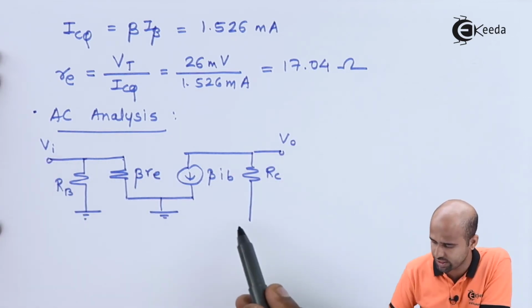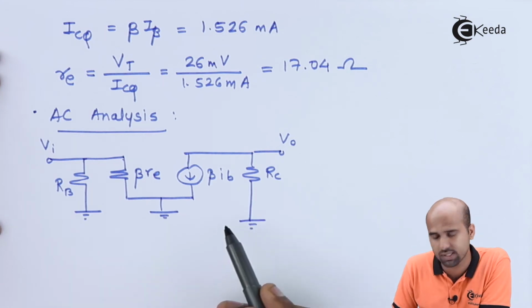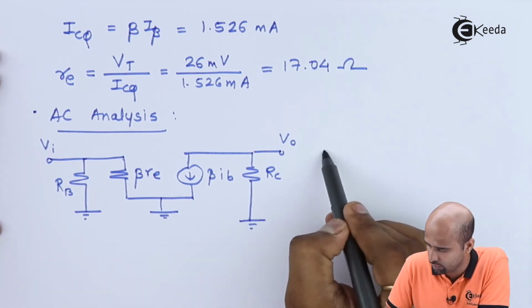Vi and Vo are given, and from this we will get the value of voltage gain.